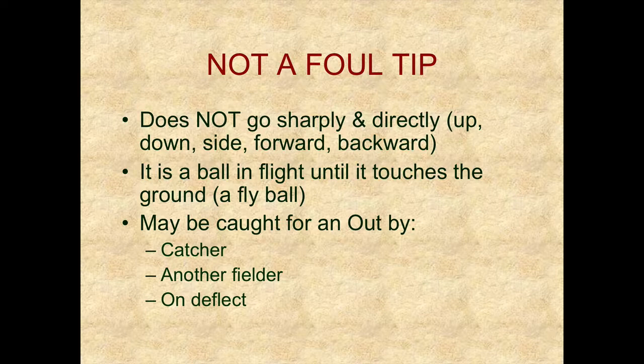This is no different than the pitcher who plants herself under a pop-up to the infield and then drops it, but the shortstop is right there and she miraculously catches it before it touches the ground. This would be a ball in flight that is caught by a defensive player for an out. It is not a foul tip.